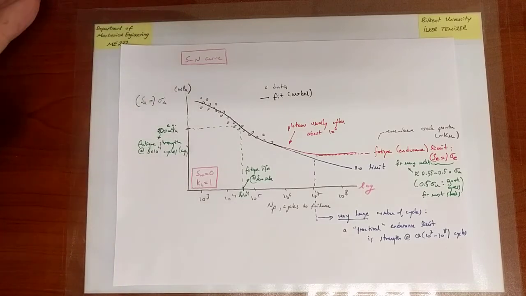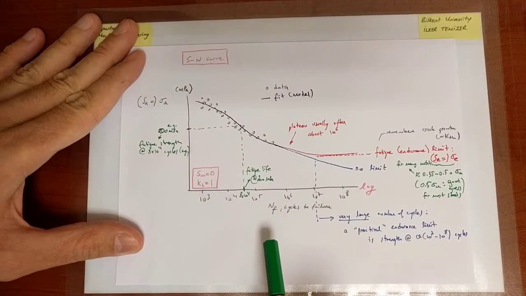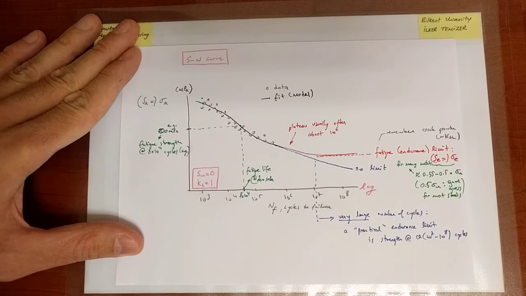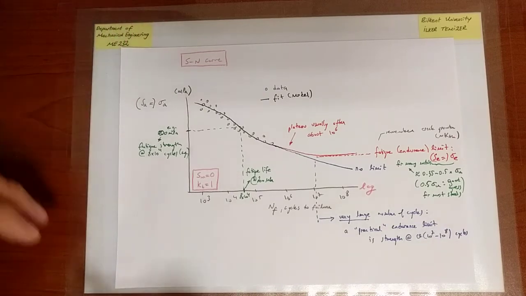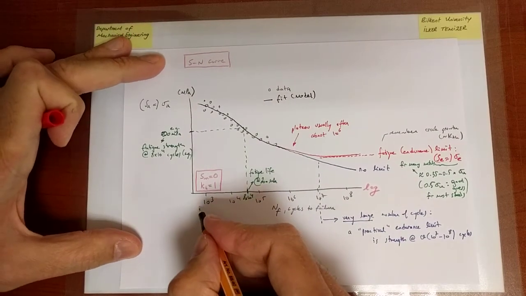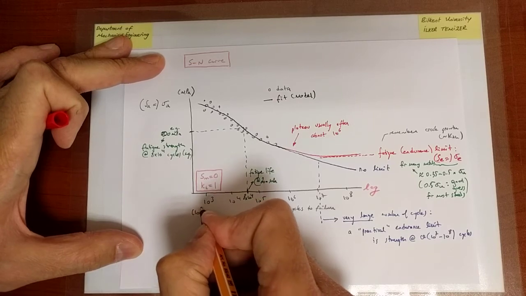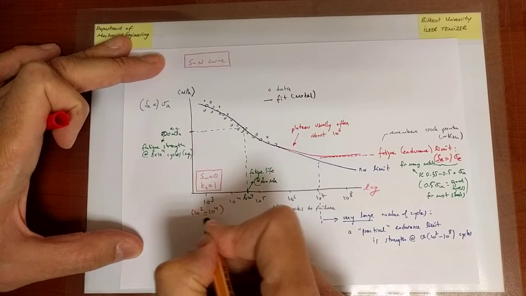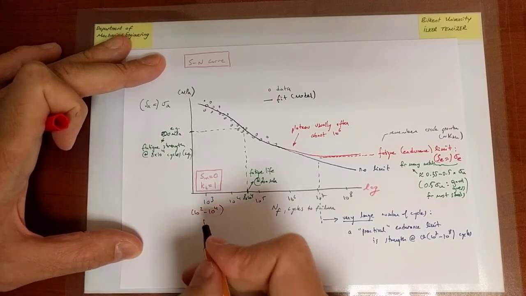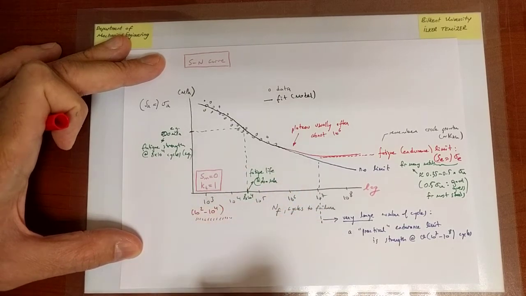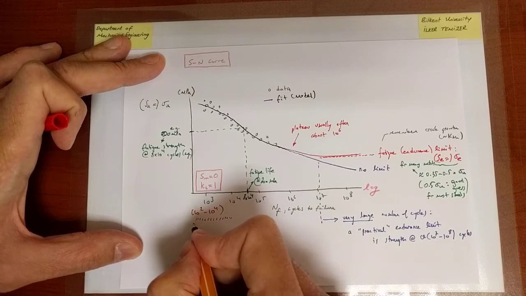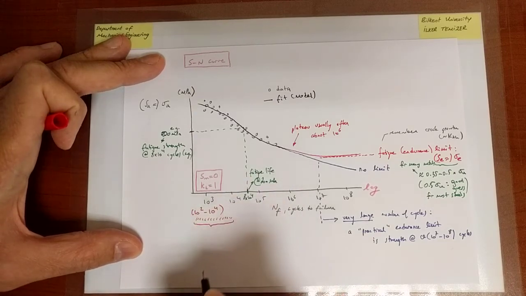Now, having said all of this, we're going to talk about, as we said, high cycle fatigue. And so what exactly is high cycle fatigue? High cycle fatigue is something that is a little bit fuzzy. It turns out that somewhere in the range 10 to the 2 to 10 to the 4, in other words, 100 to 10,000 cycles, is where one says that you have high cycle fatigue appearing.